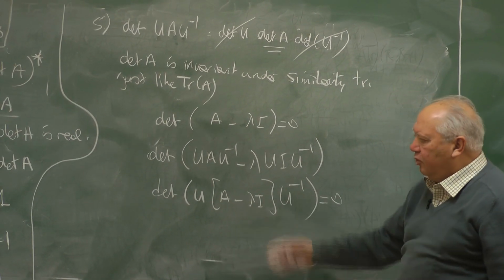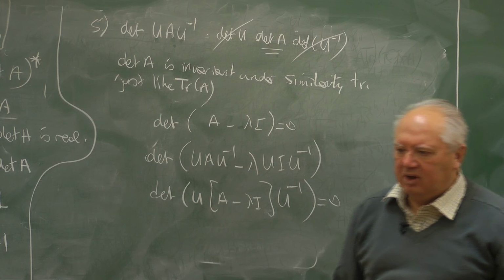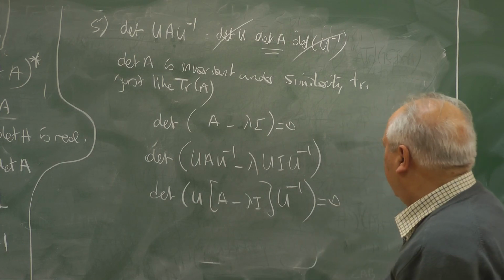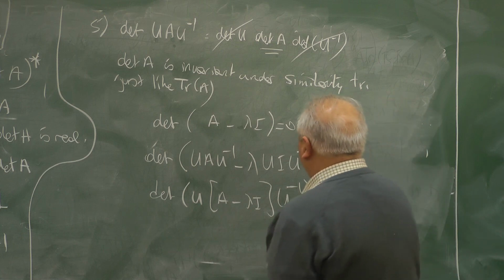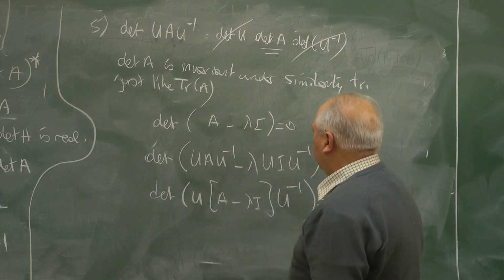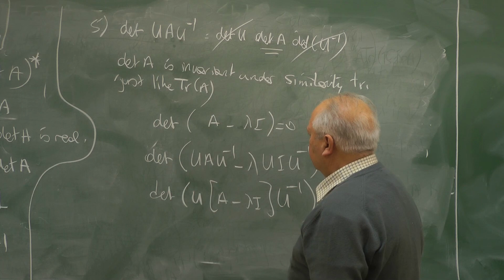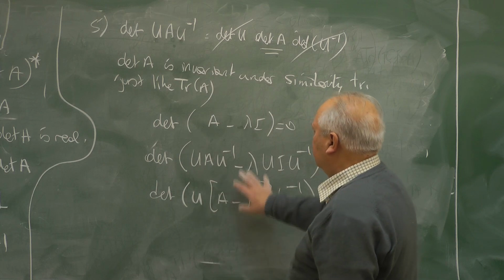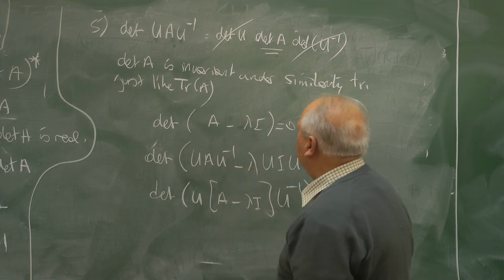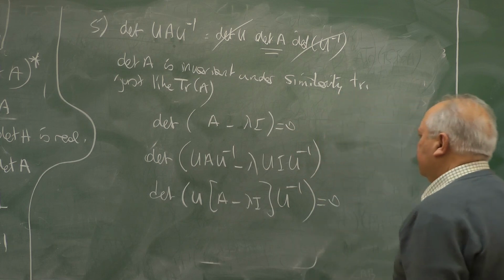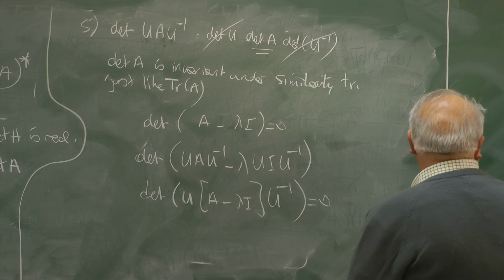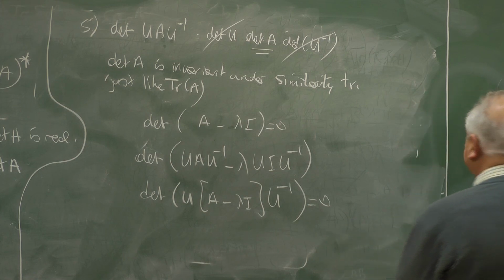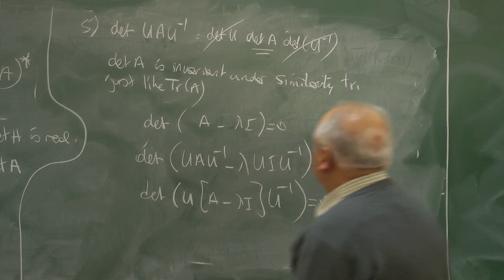You are not stuck with one coordinate frame. You can choose the transformed frame you want to work with the eigenvalue equation. And this is due to the invariance of the determinant under similarity transformations or coordinate transformations. All right.